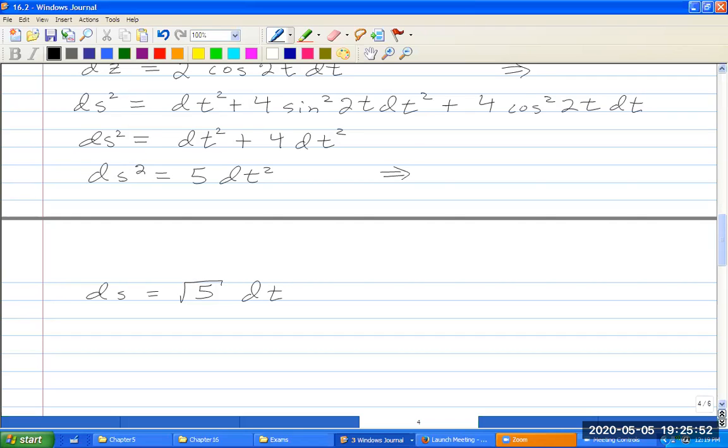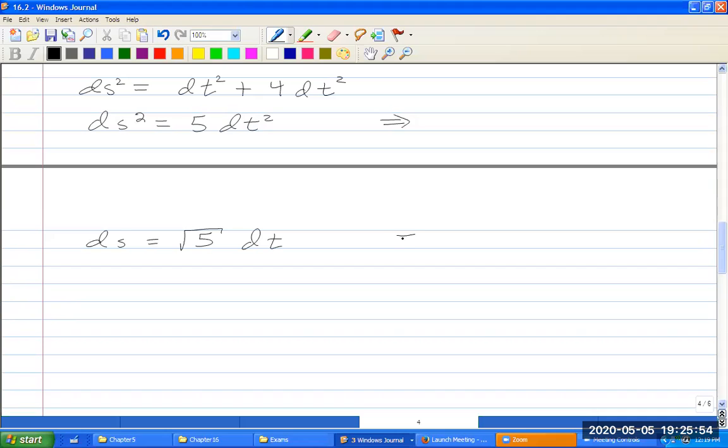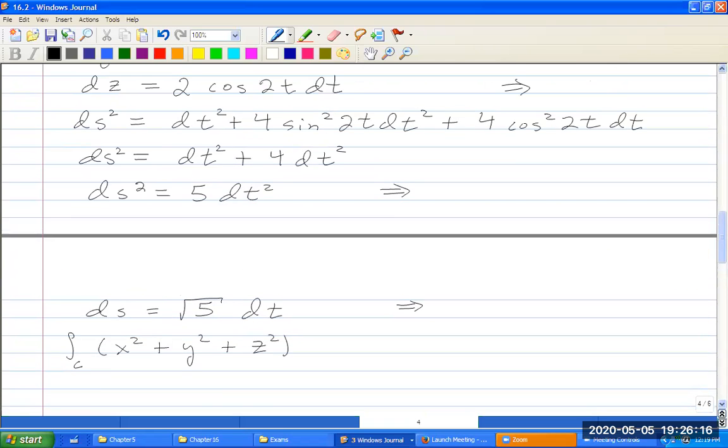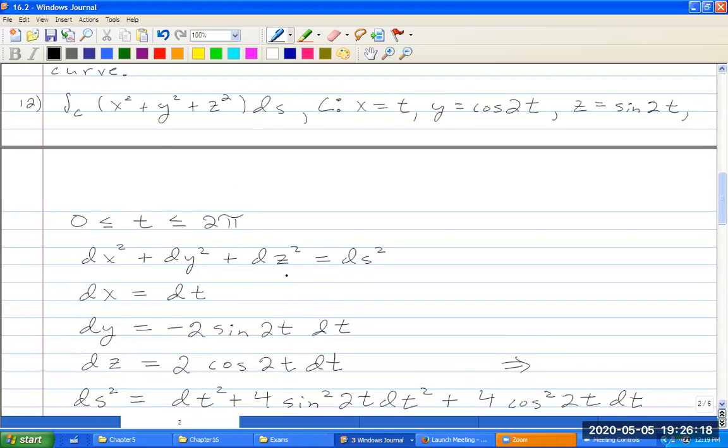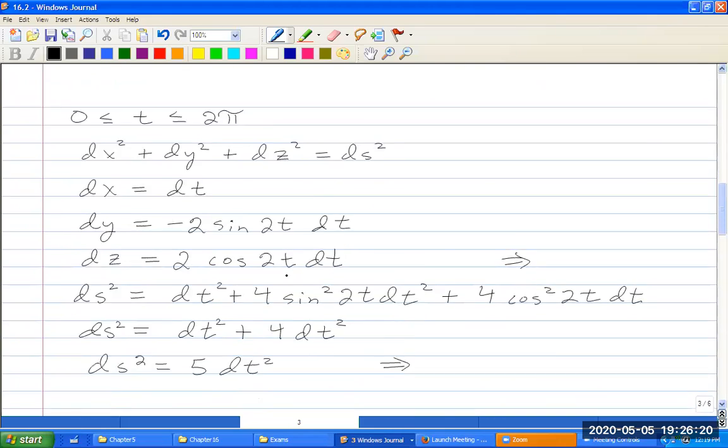So now, from there, I have the integral over the curve C of x squared plus y squared plus z squared ds. Oh, maybe I should have done, let's also do the x squared plus y squared plus z squared.